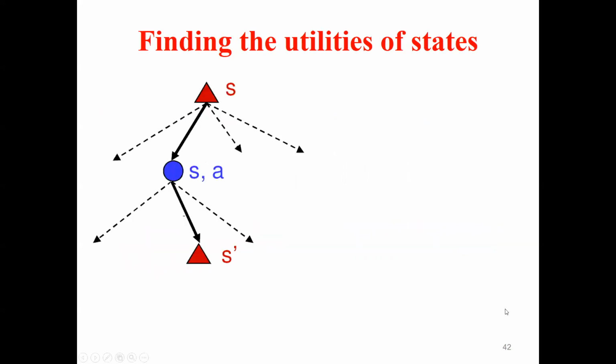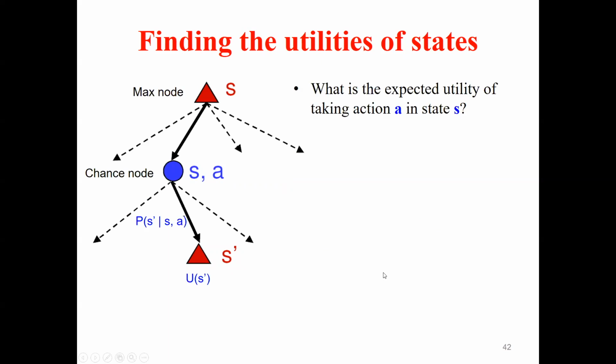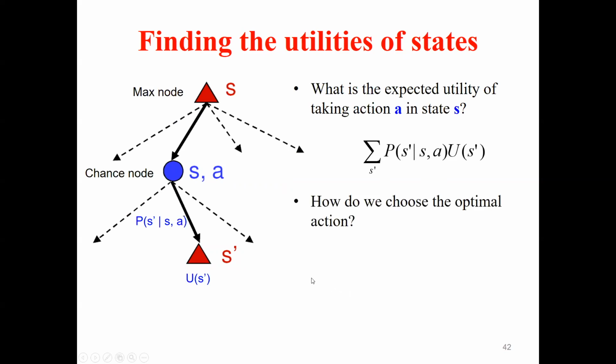So how do we find the utility of a given state? Let's say initially we are on state S. Over S, there are certain actions which are applicable, and we'll be picking a suitable action to move to another state S dash. What is the expected utility of taking an action A in state S? I'm taking an action A, so this was the expected utility as you have seen in the previous formula.